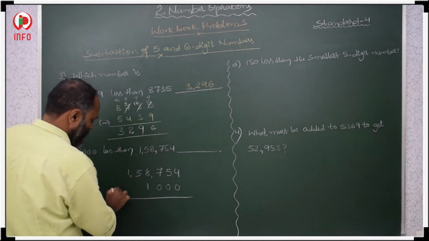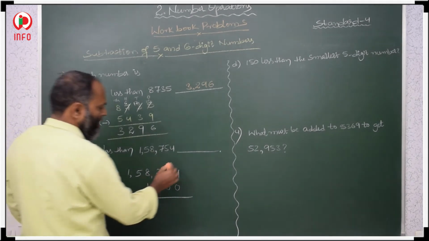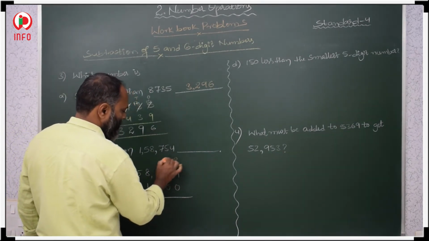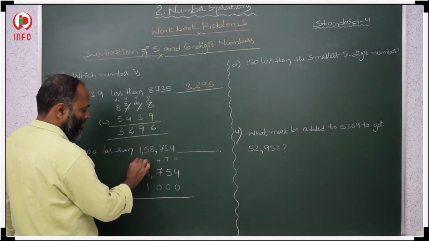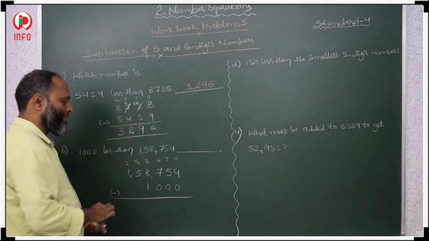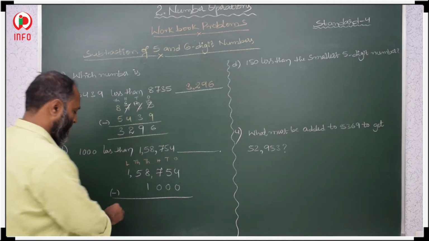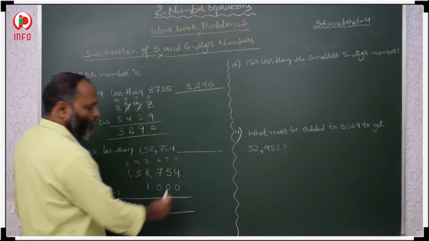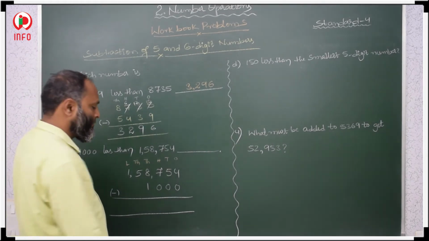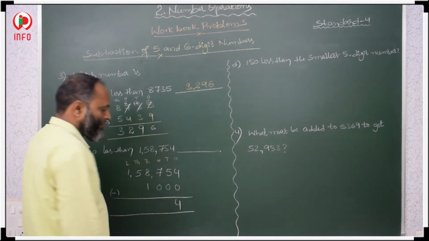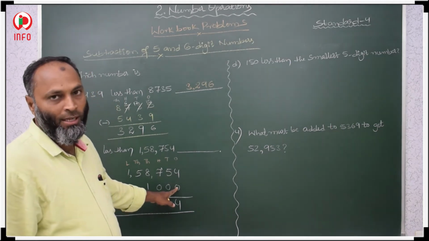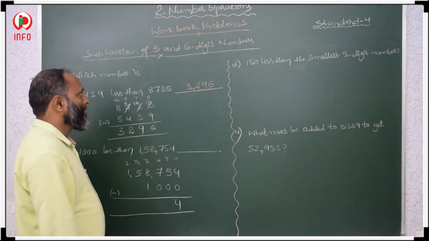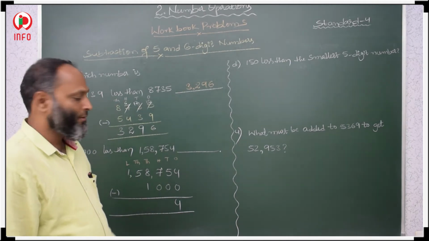This is ones place, tens place, hundreds place, thousands place, 10,000s place and lakhs place. 4 minus 0 is 4. 0 minus from any number, then we will get the same number only. So this is the rule in subtraction.